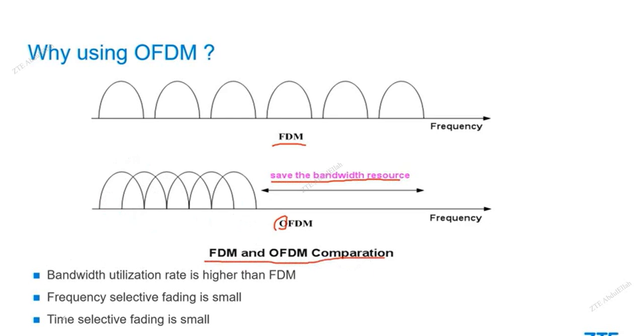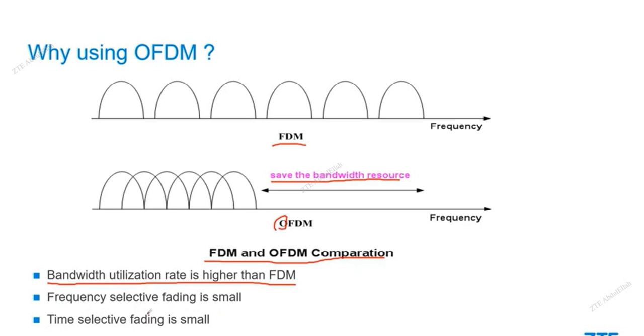And next, the bandwidth utilization rate is higher than FDM. Yeah, of course, because here we can overlap. And next, the frequency selective fading is small and the time selective fading is small. Why are these two fadings small? Because we know in previous networks, if the frequency interval or the time interval is bigger, they very easily cause frequency selective fading and time selective fading.